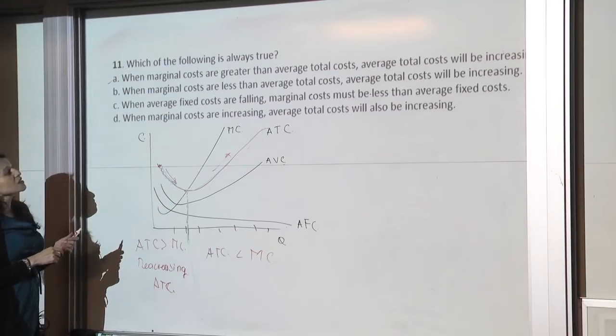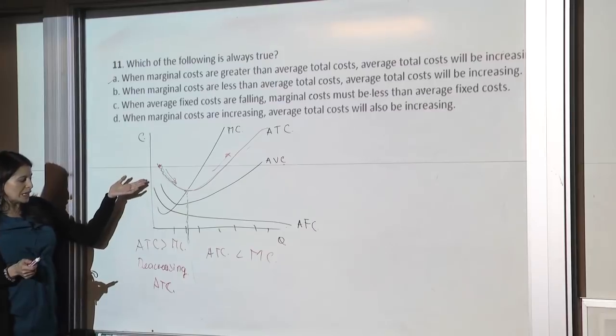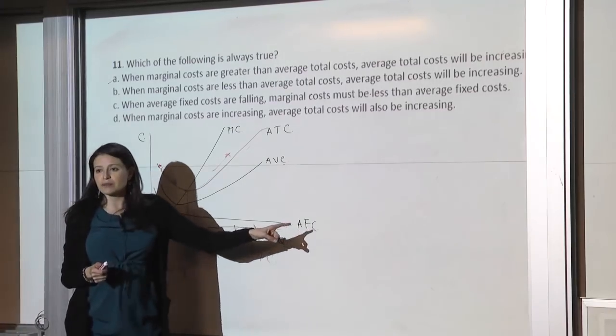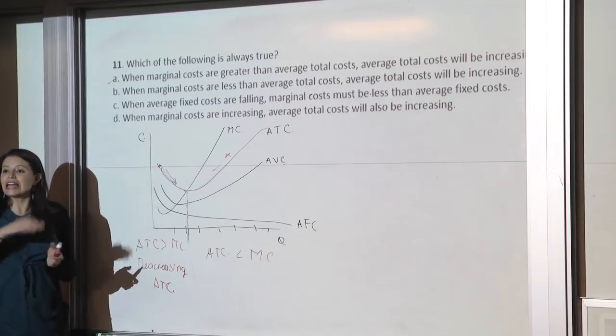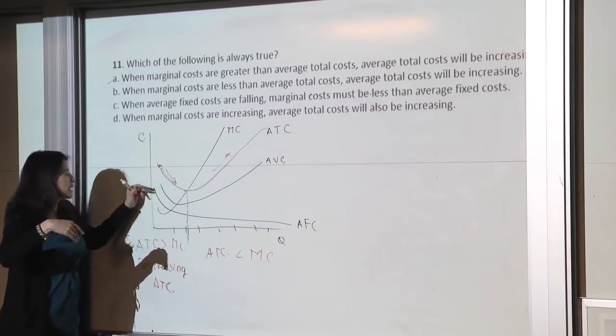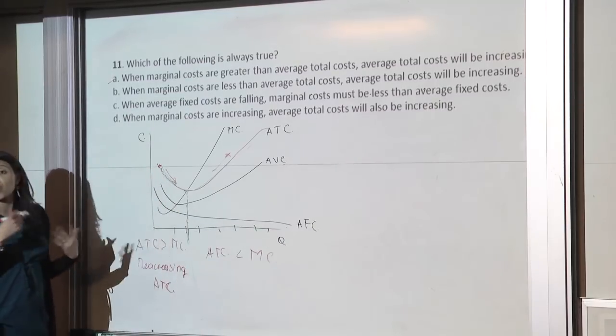When average fixed costs are falling, marginal cost must be less than average fixed cost. There is no way. Average fixed costs are always falling because it's a fixed cost that is divided by more and more quantities all the time. So average fixed cost is always decreasing.